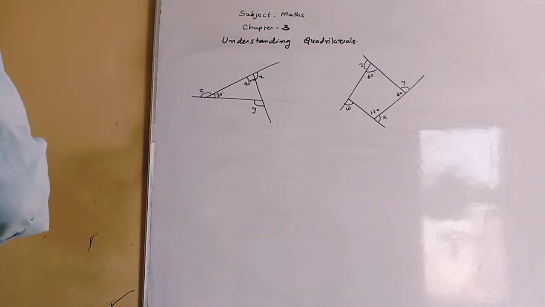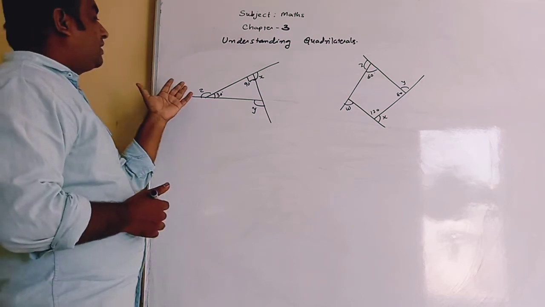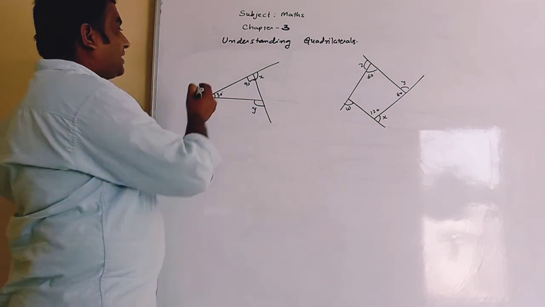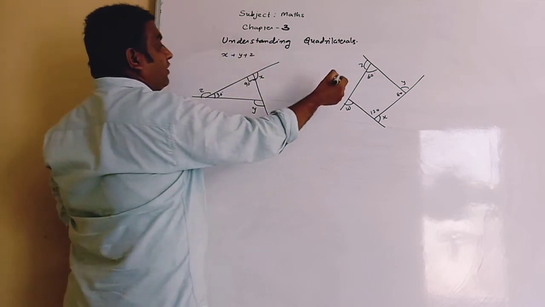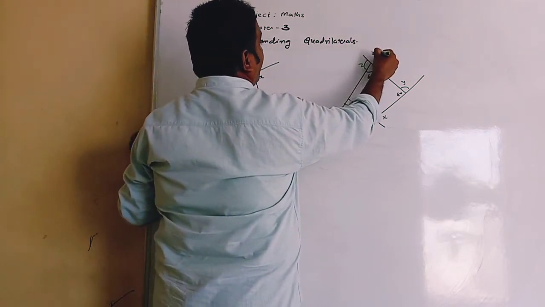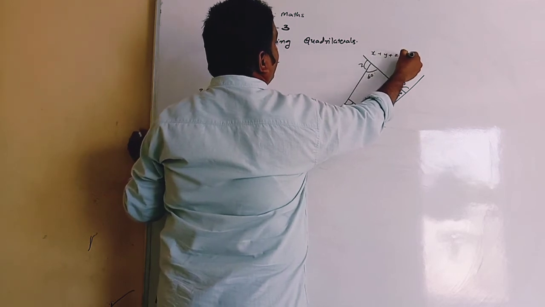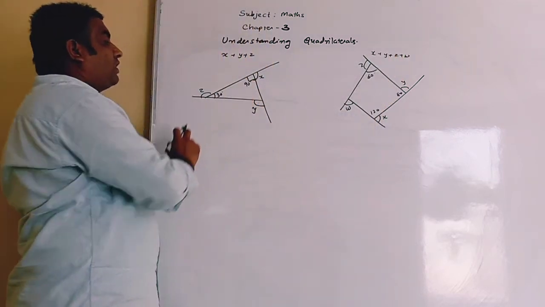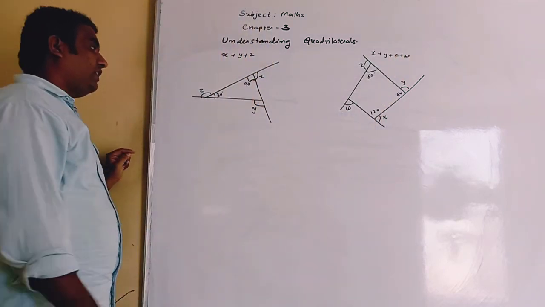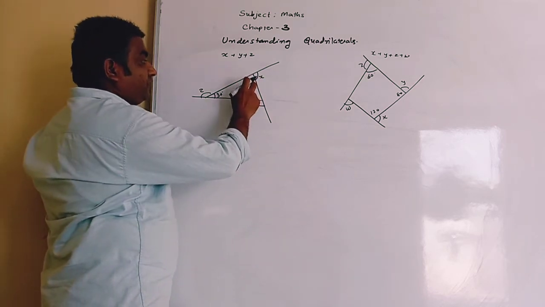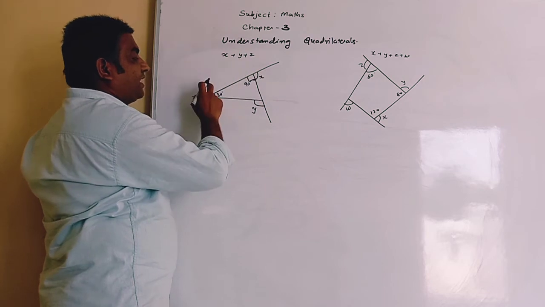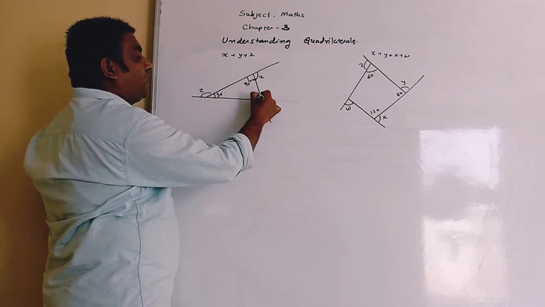Now we have question 7 with two figures. Find x plus y plus z, and here we have to find x plus y plus z plus w. That means we have to find the sum of all the exterior angles. Here for x we can easily get z, but y is not given. So first we will get the interior angle.